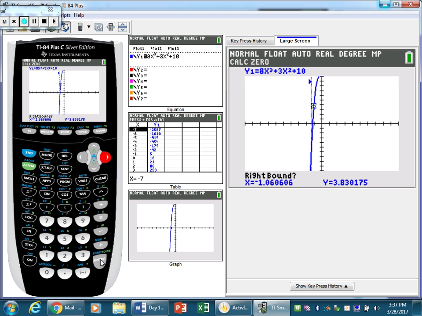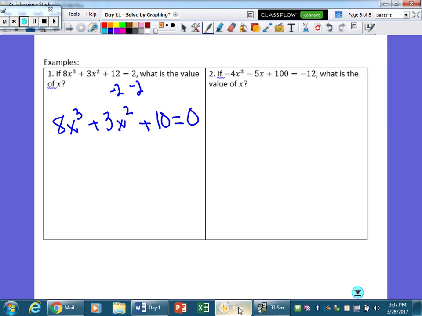Right there. Then enter, enter. So here's my answer. Negative 1.22, comma 0. That's my answer. And now I'm done with that problem because it only crossed the x-axis once, so I don't need to do any more. So one more example, and then you're going to try some of these by yourself.